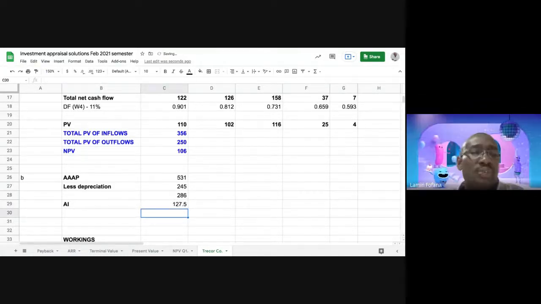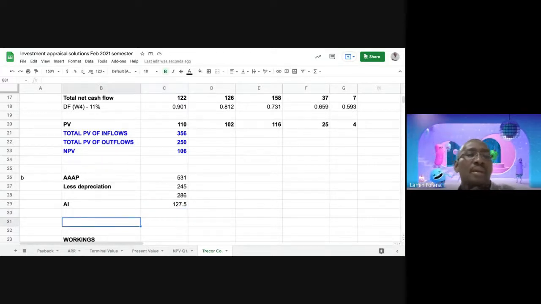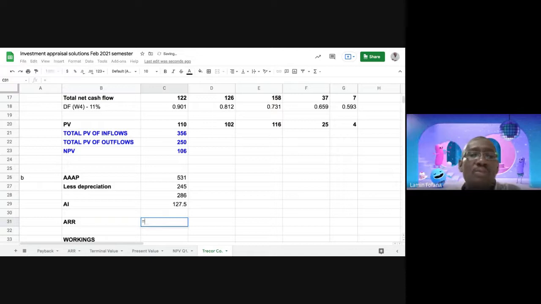That's 127. Now, what is our ARR? Our ARR will be this divided by that in percentage.